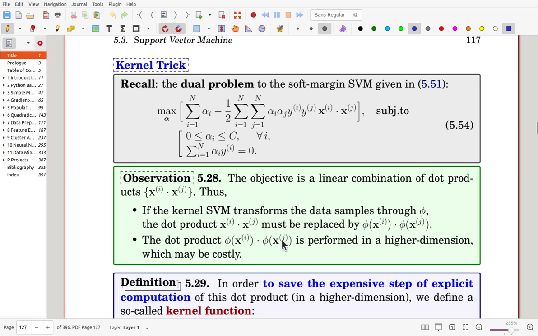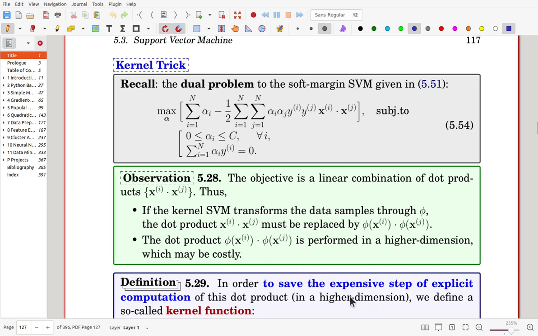Now the dot product is performed in a higher dimension, so it can be expensive, and the expansion is also expensive.